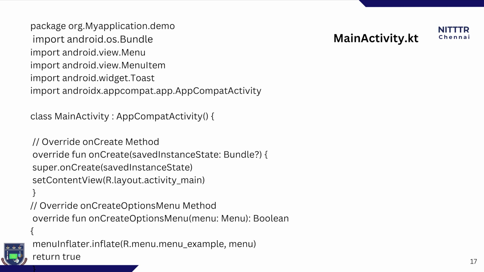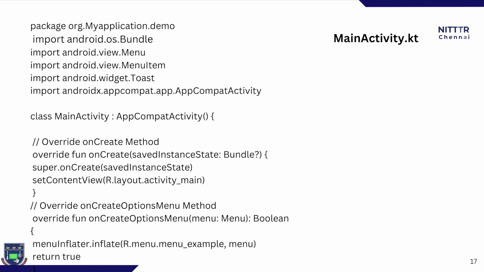Next we have MenuItem, which represents the individual items in the menu. Next, android.widget.Toast displays short messages to the user. After that, we have androidx.appcompat.app.AppCompatActivity, a base class for activities using modern Android features. Actually, it is stored in the appcompat library.